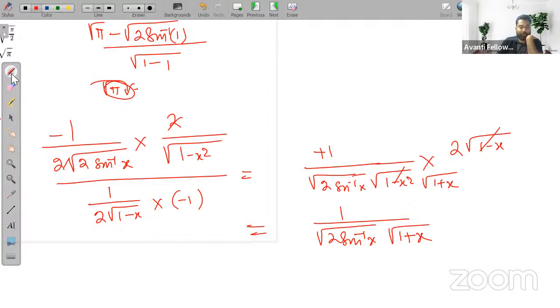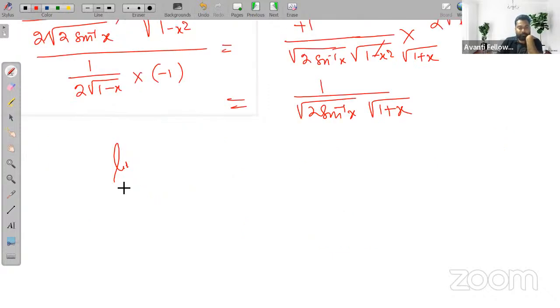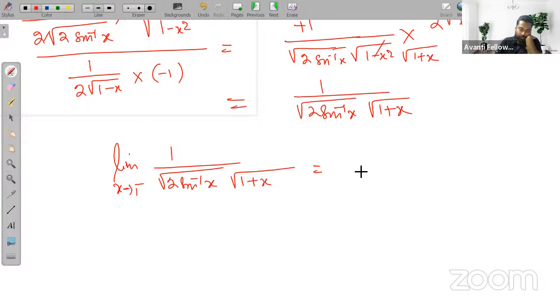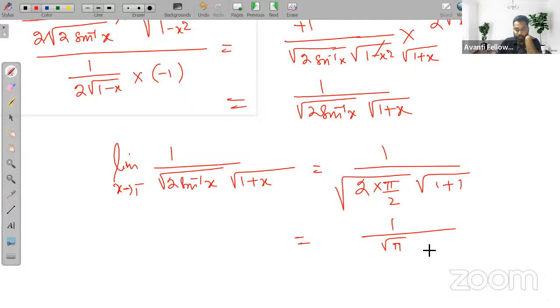Now if you put the limit x tending to 1 minus in 1 upon root of 2 sine inverse of x into 1 plus x, it will be 1 by root of 2 sine inverse of x is pi by 2, that is pi by 2, and this will be 1 plus 1. So finally the answer is root pi into root 2.